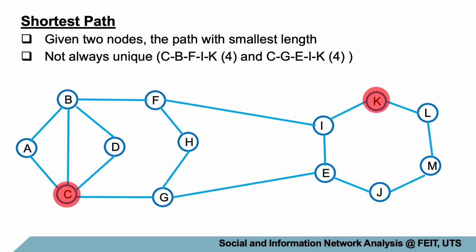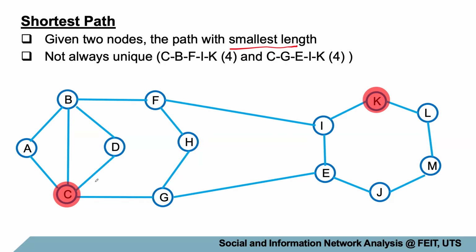I think we're up to the shortest path. Thanks for all the questions. Given two nodes, the shortest path between them is the path that has the smallest length. But inside the graph, the shortest path between two vertices is not always unique.